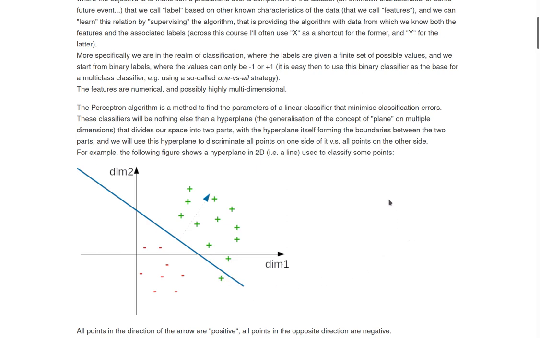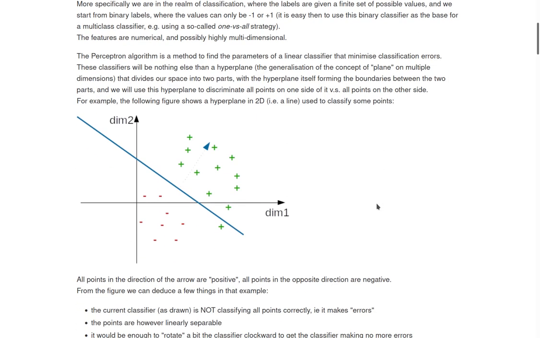At this point, what is a classifier? A linear classifier is a hyperplane that divides the space into two parts and claims that all the points on one part are classified as a given type, and all points on the other part of the space are classified the other way.